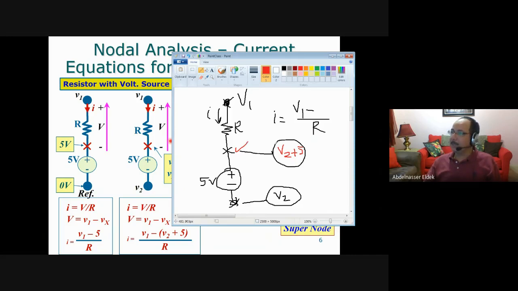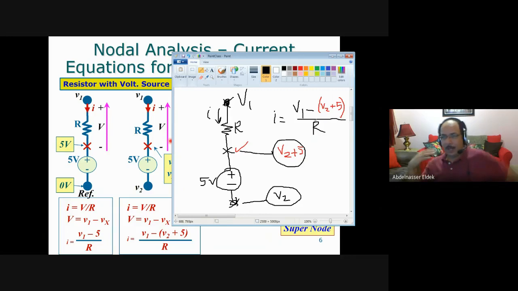Then in this case, you have to write it here. It is (V2 plus 5), and please don't forget to add these brackets, because if you don't add the brackets, you will have a problem, I'm sure. If you said minus V2 plus 5, then this will be different.